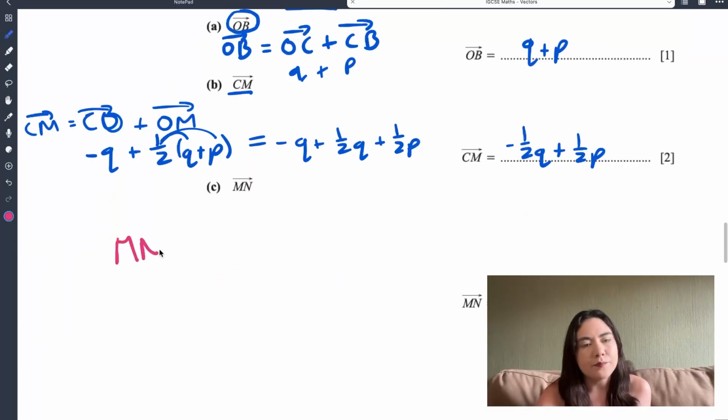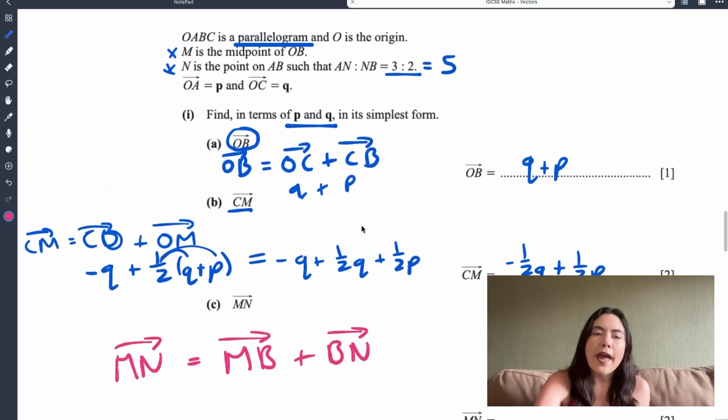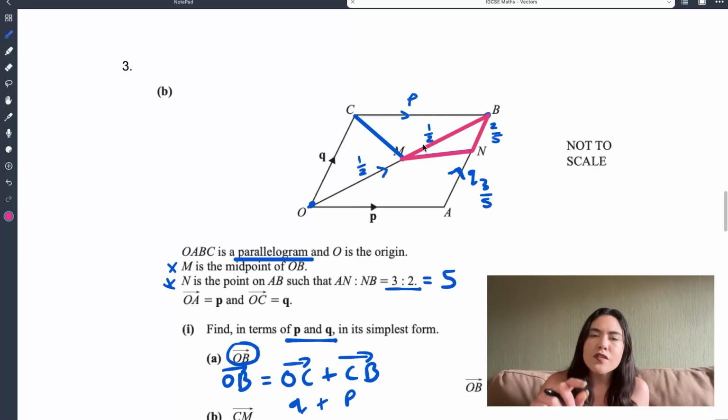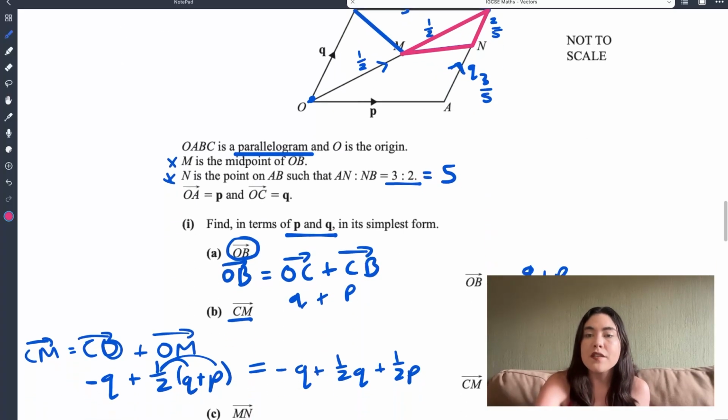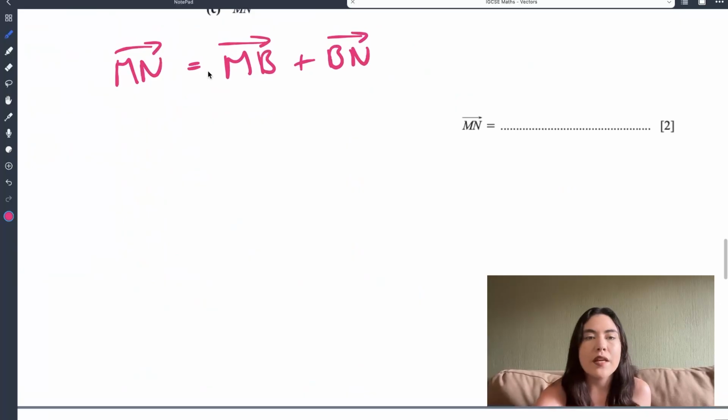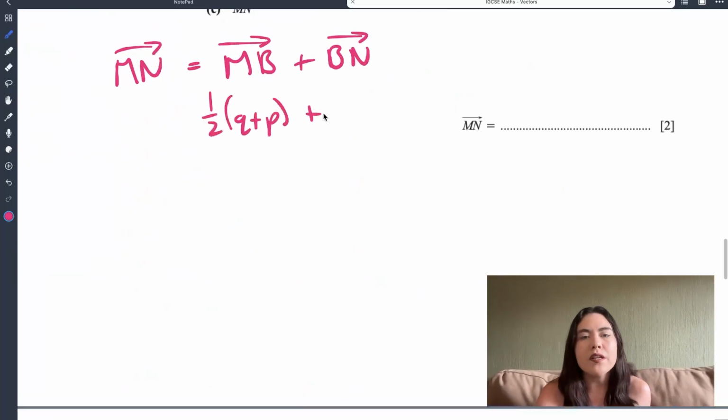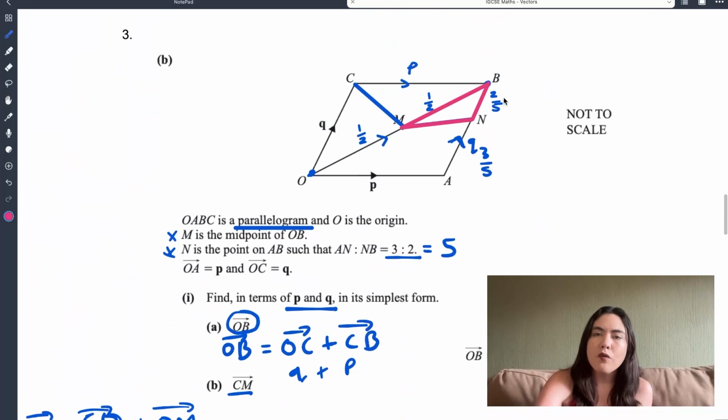M to N is equal to M to B and then B to N. All right, so M to B. Well, we know it's a half of O to B, and we know that O to B is Q plus P. So it is a half of Q plus P. Now, what is B to N? Well, we already established this 2/5, 3/5 thing of AB.